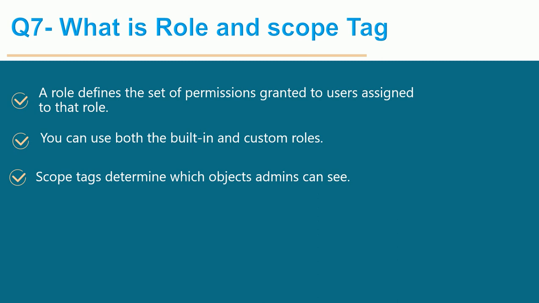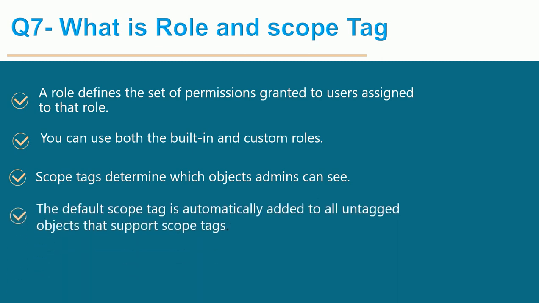So there can be multiple tags, and multiple admins can manage the tags. I created a video for this as well, so you can go and watch there. The default scope tag is automatically added to untagged objects that support scope tags.